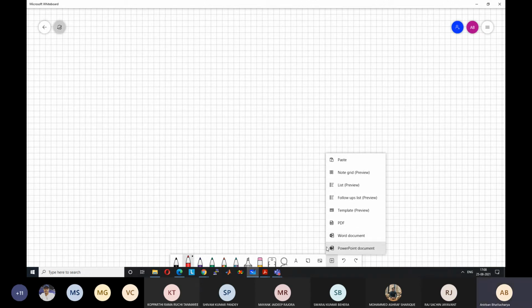Do you know whether there are geometrical figures here, like circles, squares, automatically, like it is there in Word or PowerPoint?